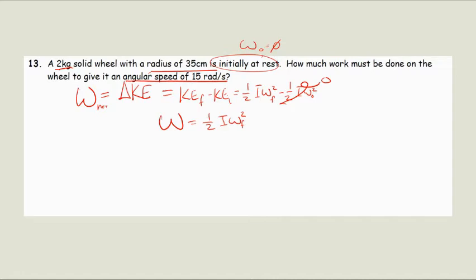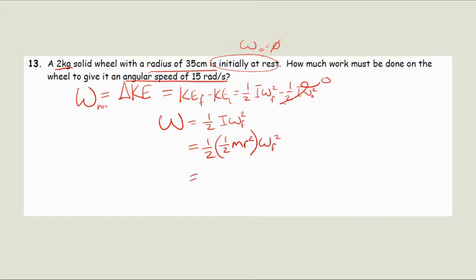Now, when we find our equation, we're going to look at how much work is done. So when we're dealing with our wheel, we have that our I is equal to 1/2 mr squared, and then we have our omega final, and that's squared.